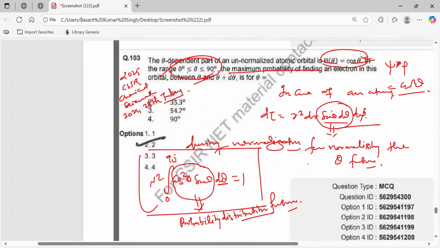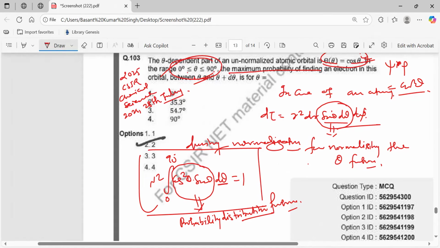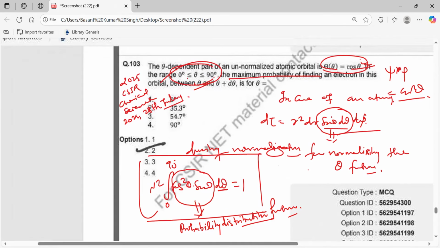So for this function, the probability distribution function is cos square theta sin theta. Okay. So for maximizing the probability, I have to find the theta value where this function is maximum.